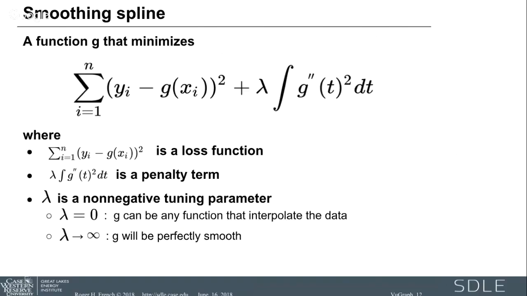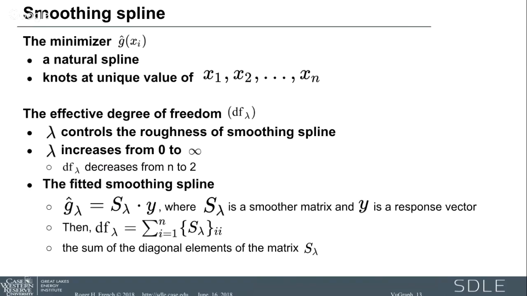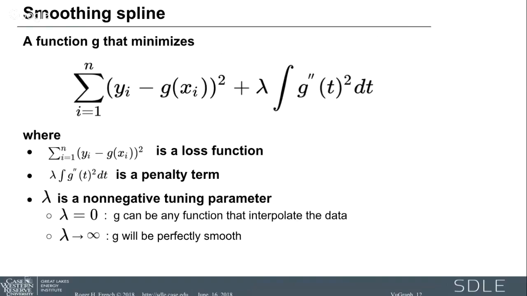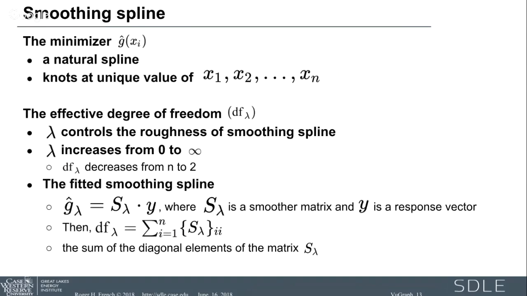So how do we minimize this equation? The minimizer is a natural spline with the knots at each data point, which means you put the knots at x1, x2 to xn.